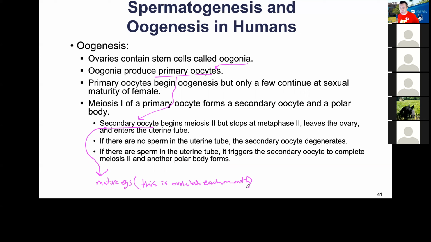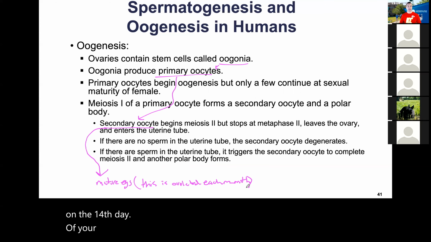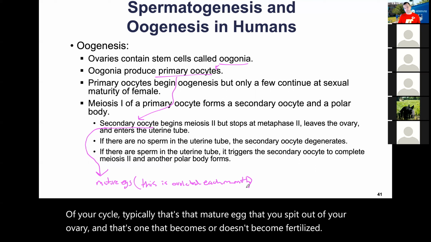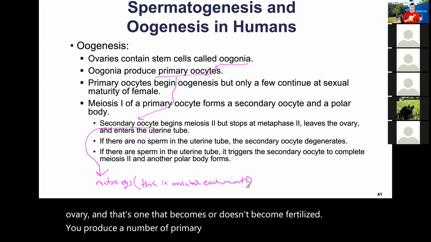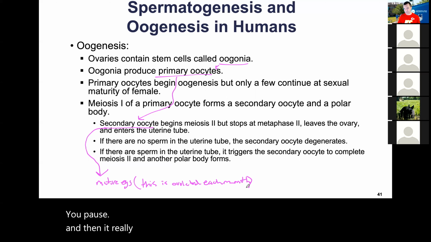For women, that's what you ovulate every month of your cycle. On the 14th day of your cycle, typically, that's the mature egg that you spit out of your ovary, and that's the one that becomes or doesn't become fertilized. You produce a number of primary oocytes, and you pause. It really doesn't kick in again until about age 11 or 12, whenever you reach puberty.